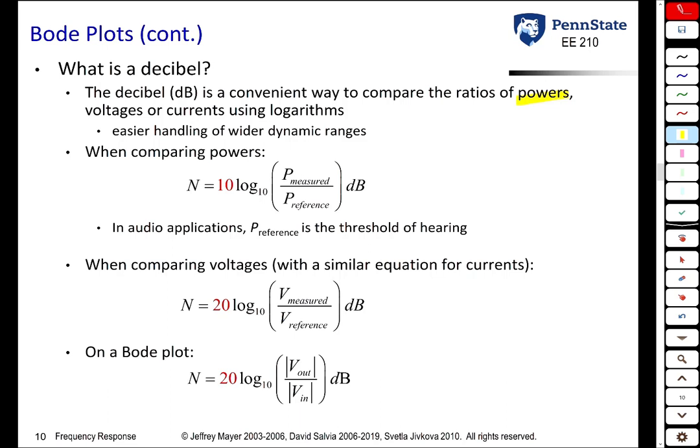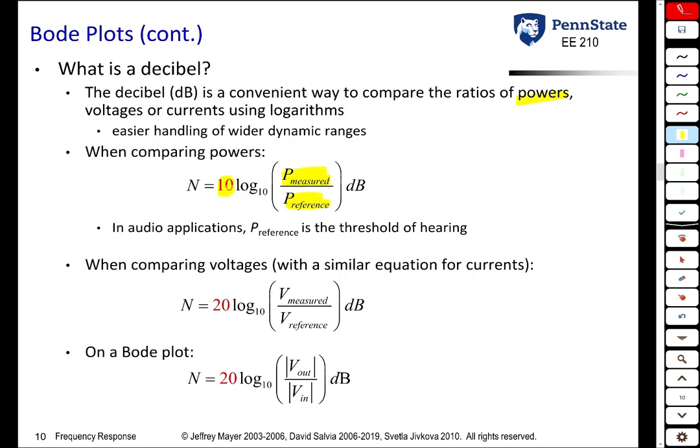So when comparing powers, the decibel is the measured power divided by the reference power. Then you take the log base 10 and multiply it by 10 and you get the decibel. So this type of scale is used a lot in audio engineering. You hear about how many dBs a certain sound is.